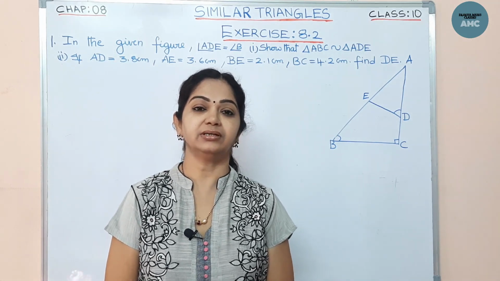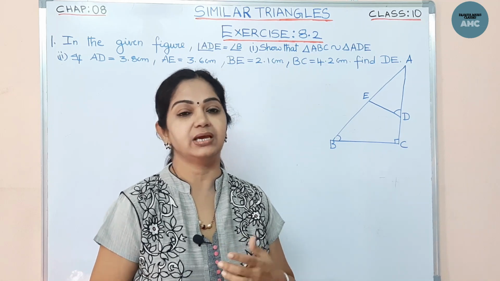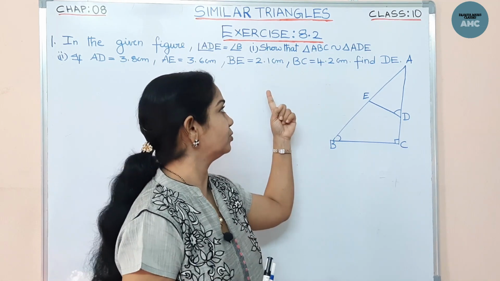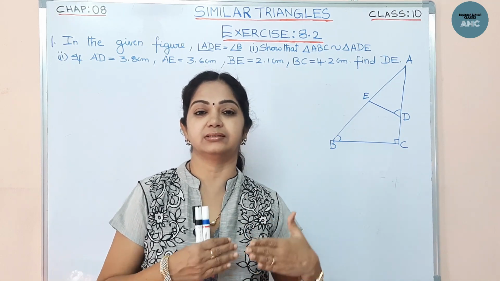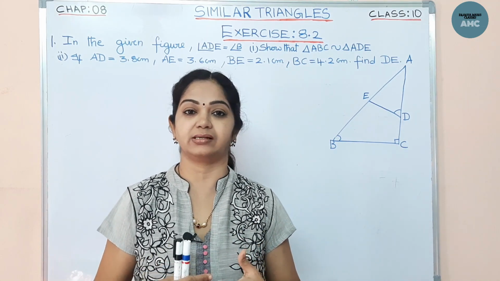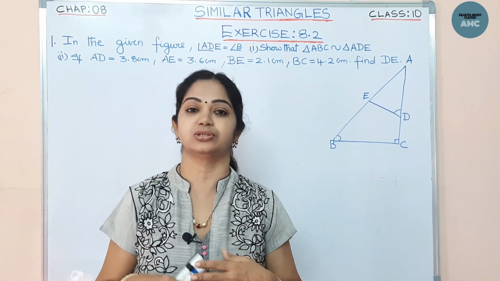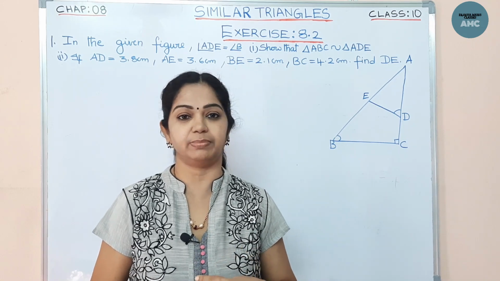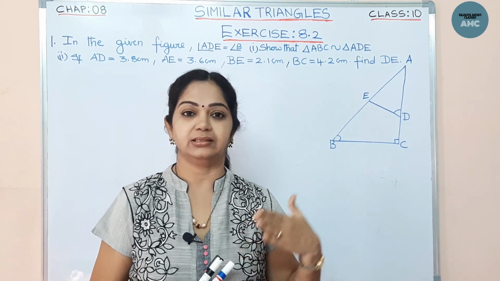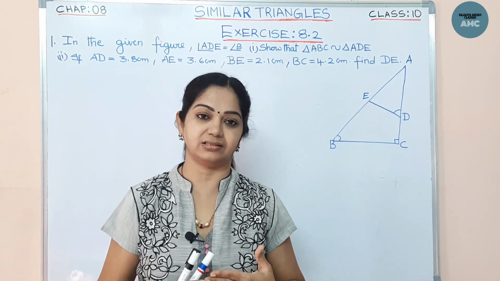Okay. Now in today's video lesson, I am going to talk about exercise 8.2 of similar triangles. We have been doing similar triangles for the past three classes. For those who have not watched those videos: in part 1, the introductory part, the concepts and the criterions of similarity were told.